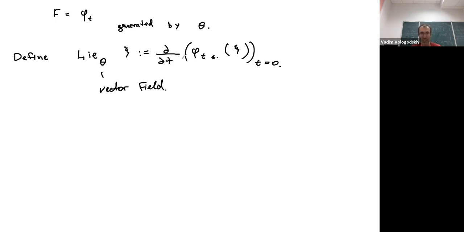So these two procedures cancel each other, and the result is a very simple proposition: the Lie derivative of xi with respect to theta is the commutator of theta and xi.